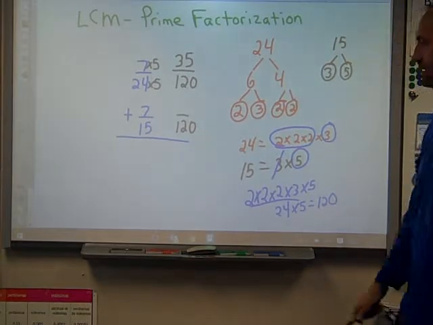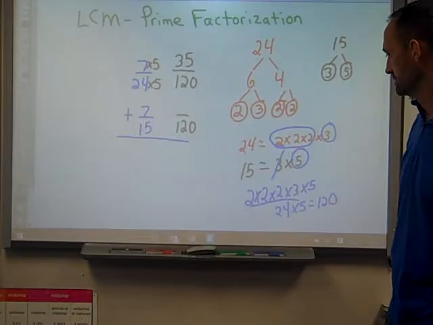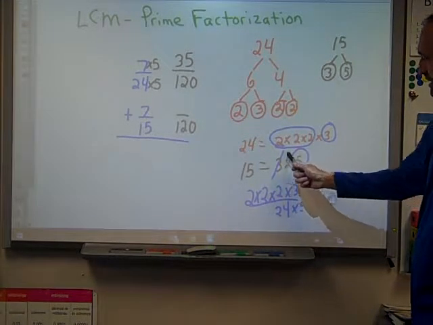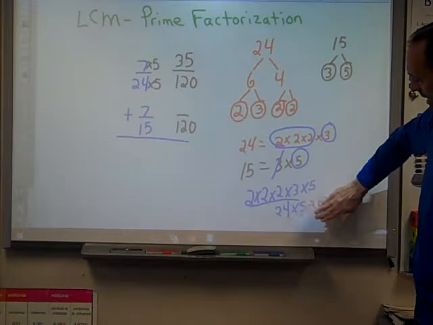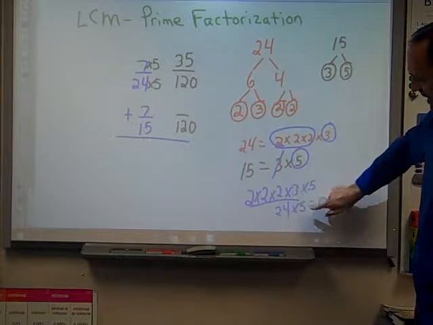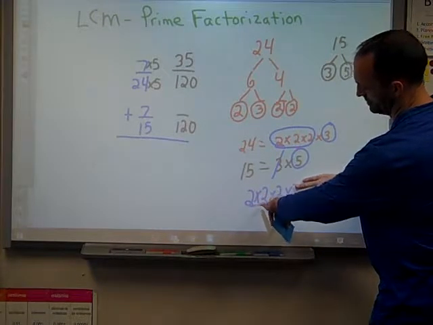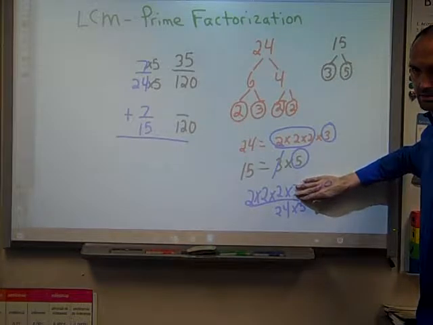So now I have to figure out 15 times what is 120. Well, I come back to 15, and it's 3 times 5. So if I cover up 3 times 5 here, what I have left is 2 times 2 times 2, which equals 8.